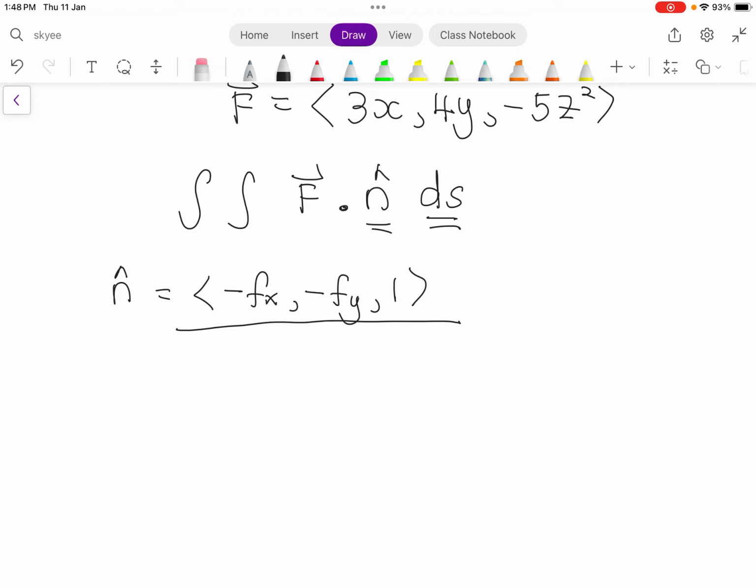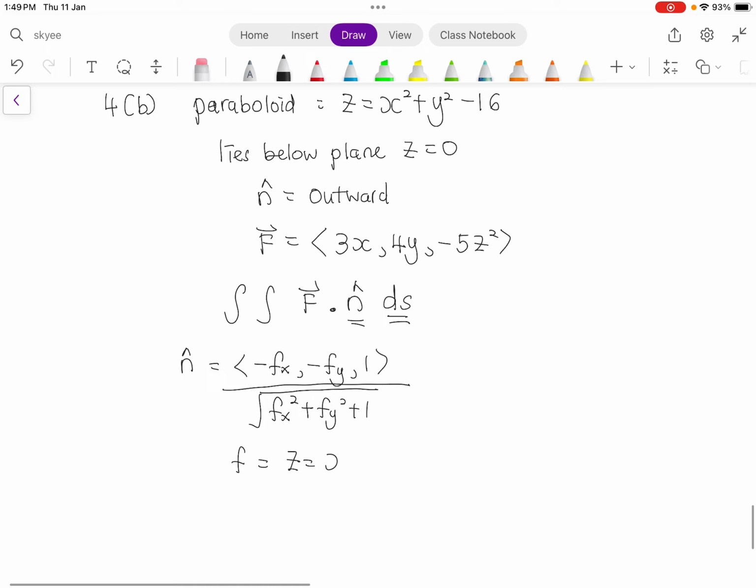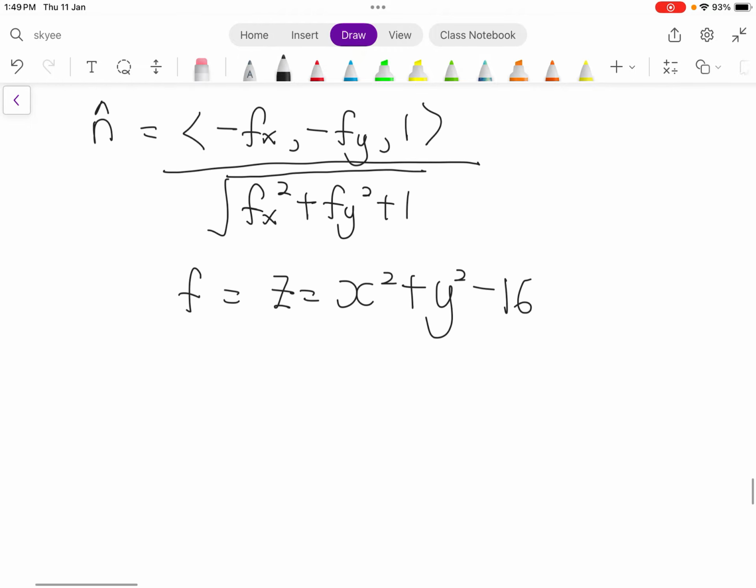So what is our f here? Our f here is the paraboloid, so the equation is x squared plus y squared minus 16.